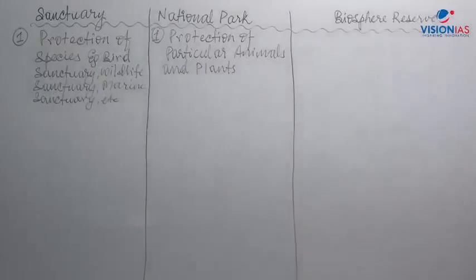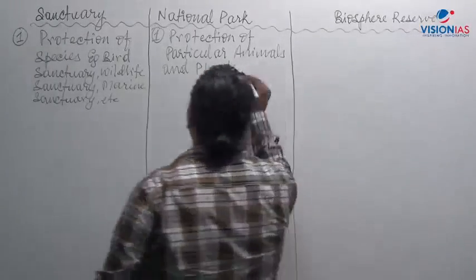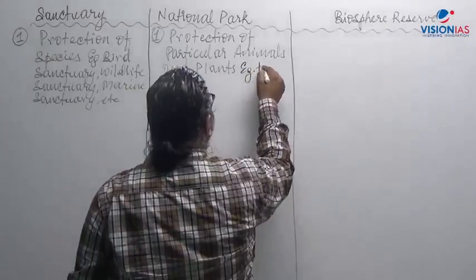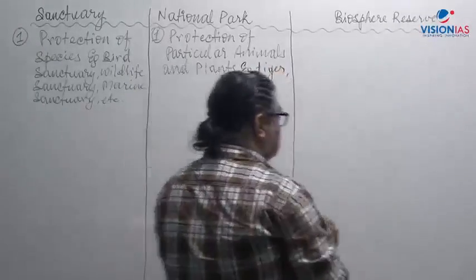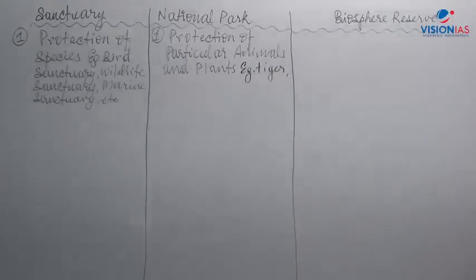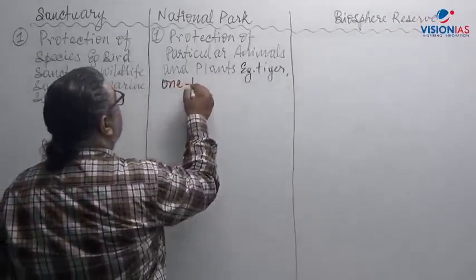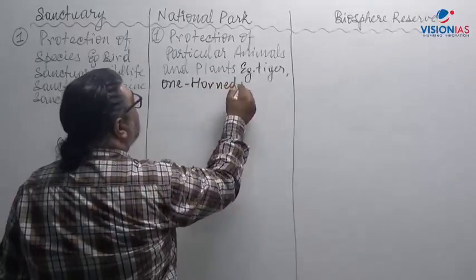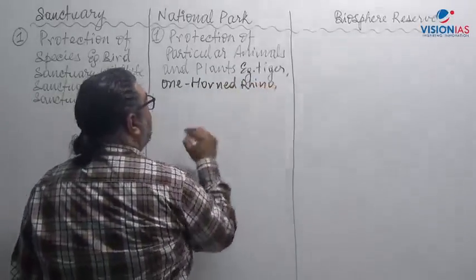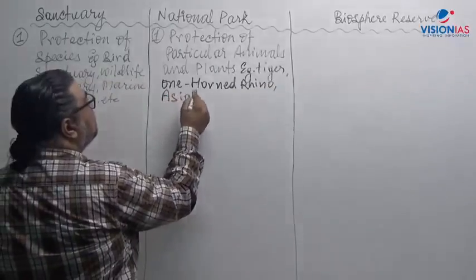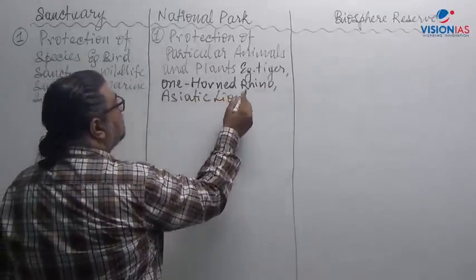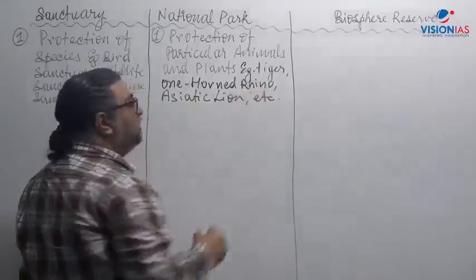Let's say for example, in context of wildlife here, tiger, right, or for example one horn rhino, Kaziranga National Park in Assam, one horn rhino, Kaziranga National Park there. Then you know Asiatic lion, Gir forest in Gujarat, like that is for Asiatic lion.